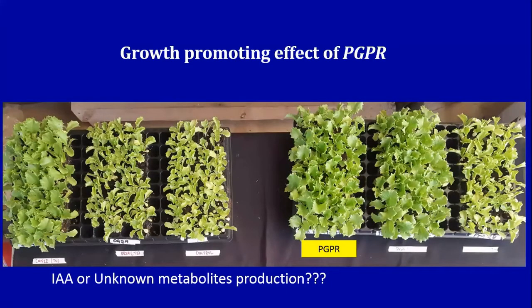In our study also, we have done a lot of growth promoting studies in seedlings and in short-term crops. We have observed growth promotion compared to some of the other microorganisms and the untreated control. If you see, these strains here are showing very good growth promotion, but again, we are not sure whether it is IAA or some other unknown metabolite produced.